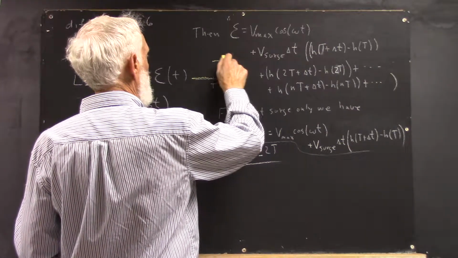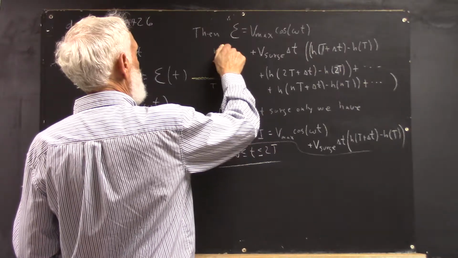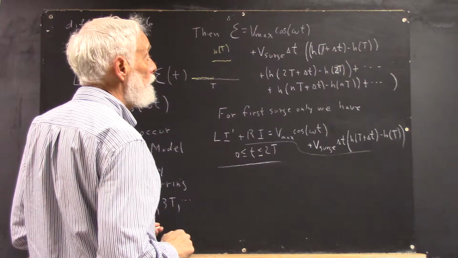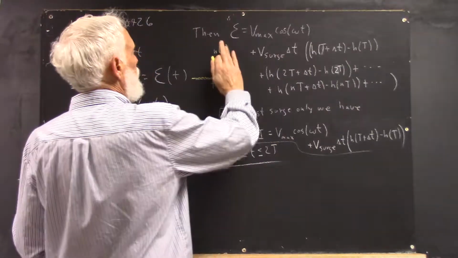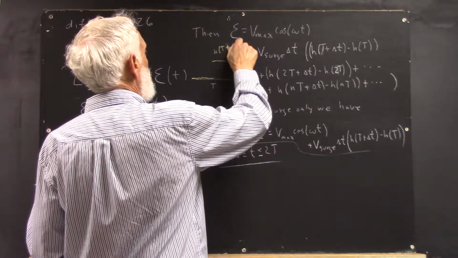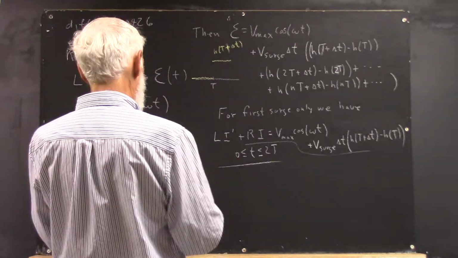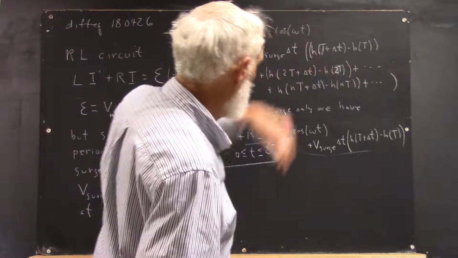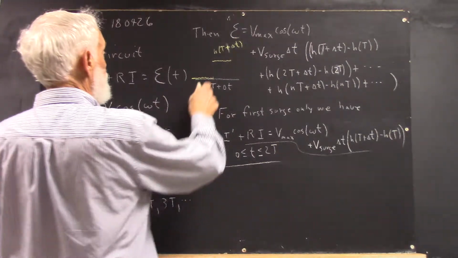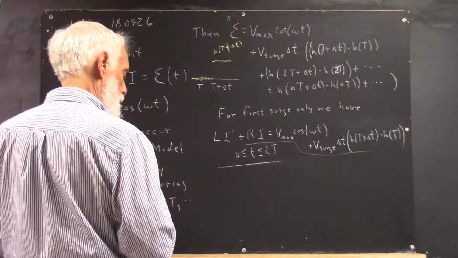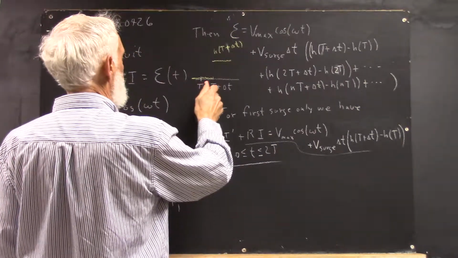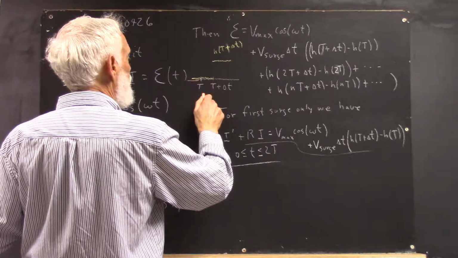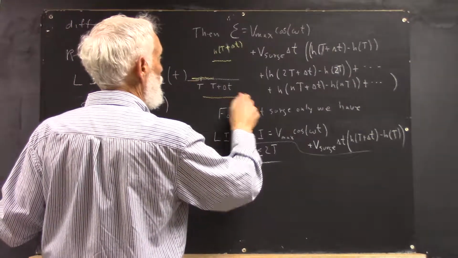So here's H of big T. I'm going to make this H of big T plus delta T. So here's T plus delta T. The reason is that the H of T is going to be minus H of T. So here's T, and your H of big T minus delta T is, or your minus H of big T is this, right?